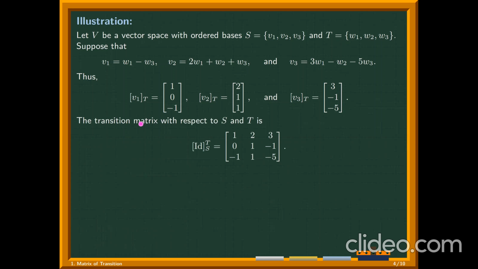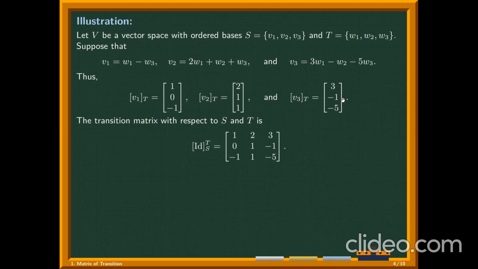And so, the transition matrix with respect to S and T is the matrix of size 3 by 3, whose first column is the coordinate vector of V1. The second is the coordinate vector of V2.